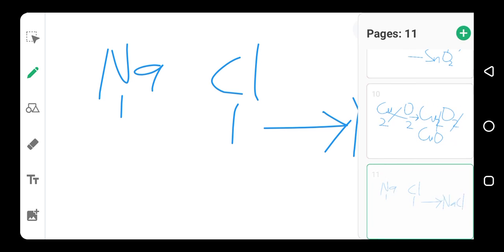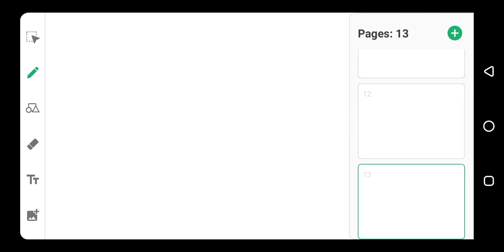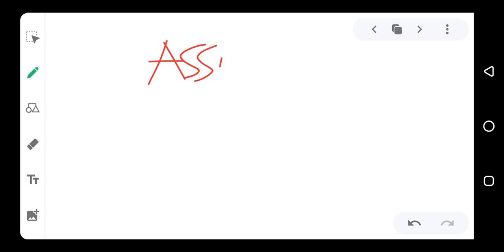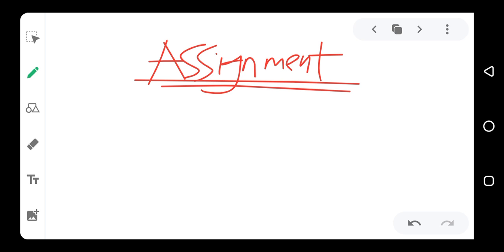Now, your assignment. Now you are going to determine the formula of a compound that is formed when these atoms combine.